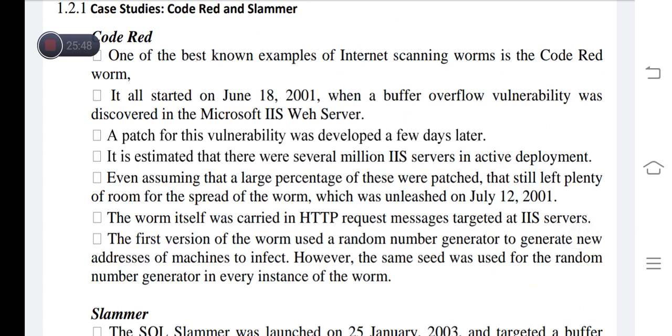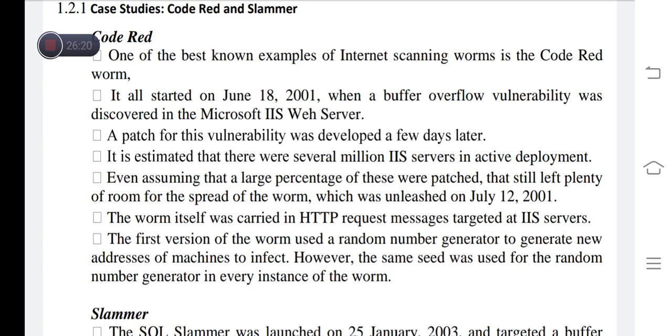Code Red is one of the best known examples of an internet scanning worm. It all started on June 18, 2001, when a buffer overflow vulnerability was discovered in the Microsoft IIS web server. A patch for this vulnerability was developed a few days later.